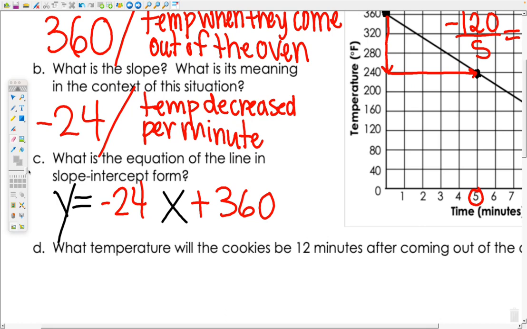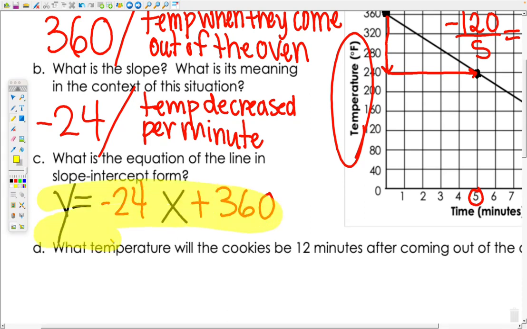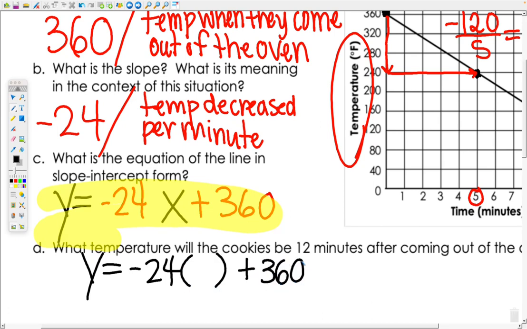So if we're looking for the temperature, y'all, the temperature is the Y. So if you're using this nice little equation right here, we're solving for Y, which means they're giving you X. So you substitute the X. It's 12. If they're asking for the temperature, that means they're giving you 12 for the X. And I think I heard the right answer. 72. Yes, that's it.